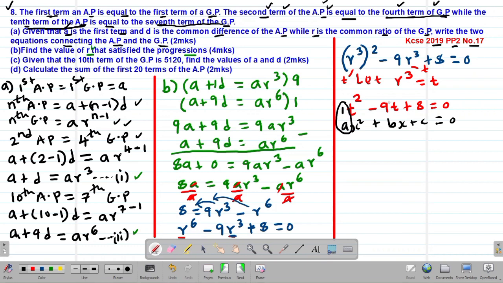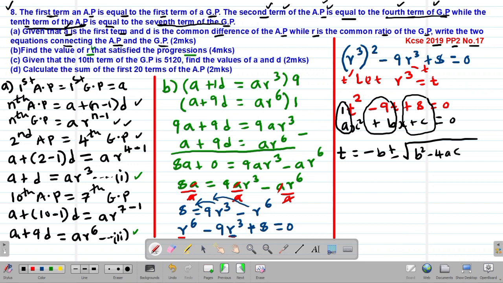Then the value of b clearly will be negative 9. Then the value of c, of course, will be positive 8. So the quadratic formula requires that the value of t be given by negative b plus or minus the root of b squared minus 4ac, then the whole thing divided by 2a.